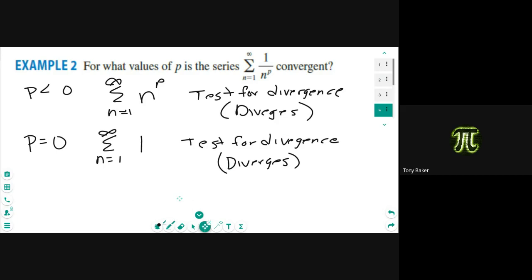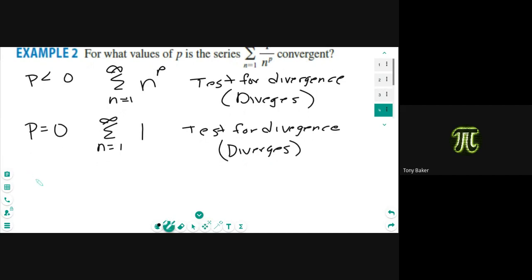The next one we have to look at is, what happens if p is greater than 0? That means it's a fraction, correct?